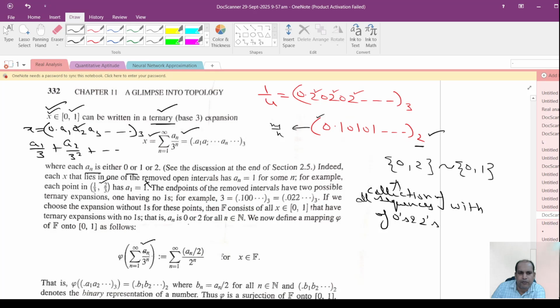See here an is 0 or 2, so we are defining a map from the Cantor set to the real numbers in 0 1, and this set is uncountable.